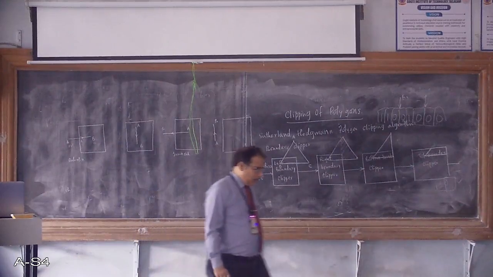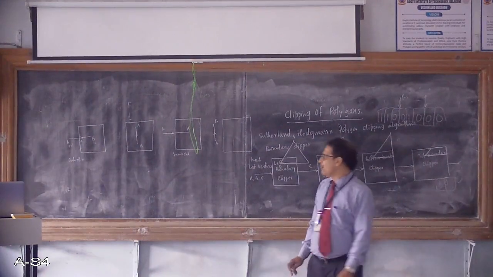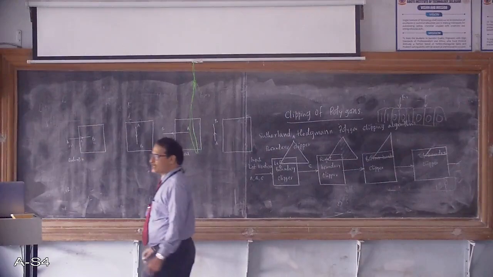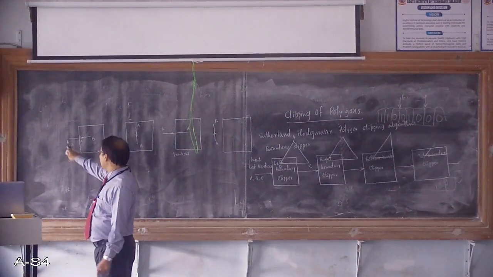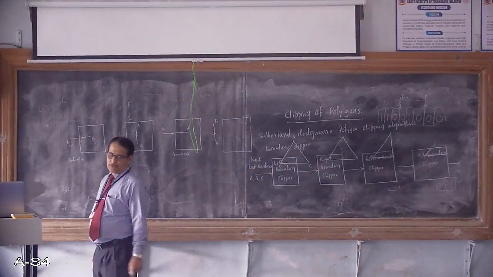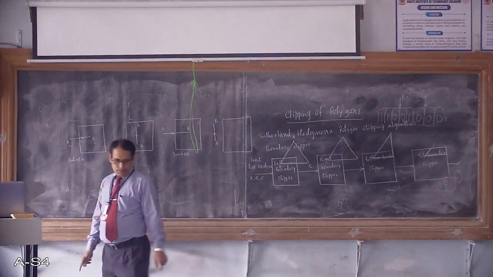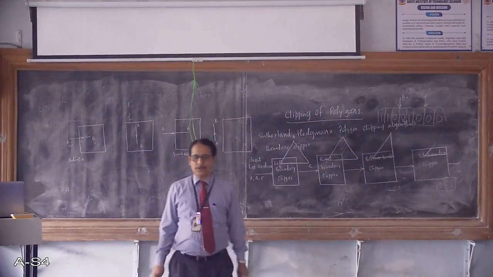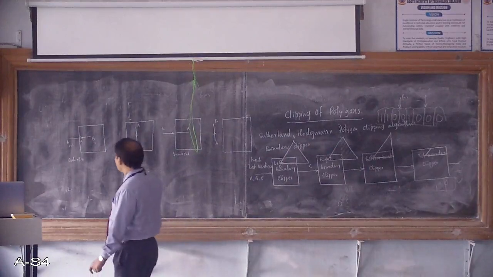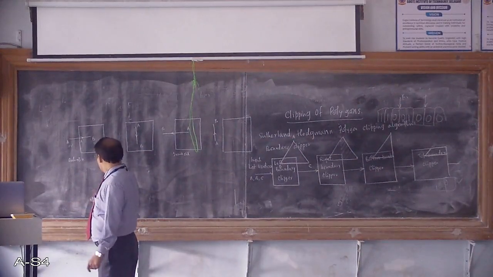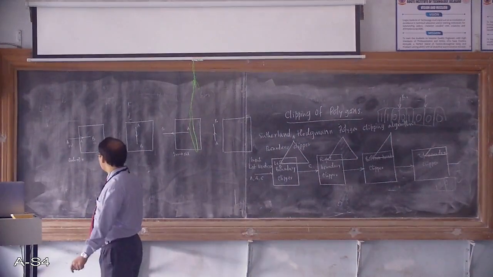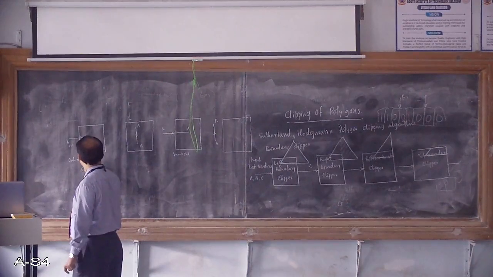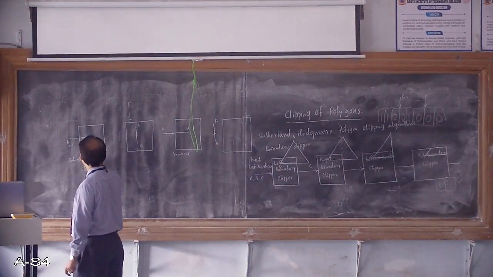Now when you find the intersection point, there are 3 vertices for the given edge, A, A dash and B, where A dash is the point of intersection which is determined. And now under this case we are required to save two out of the three vertices.